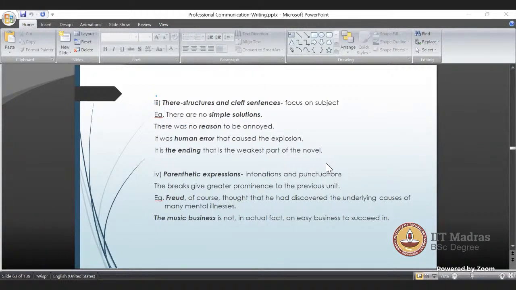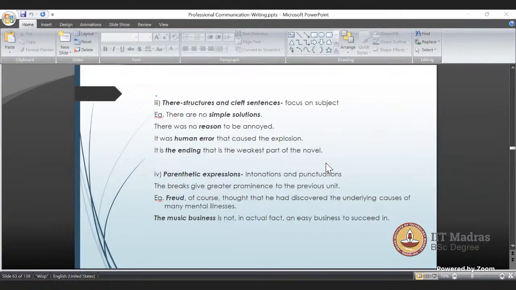And what is it doing stylistically? Stylistically, its function is to provide focus onto the subject. Okay. So if you look at the sentences carefully, I think it is loud and clear. We don't want to harp on it too much. So there are no simple solutions. There's nothing else that comes into that sentence. It's just the simple solutions. There was no reason to be annoyed.